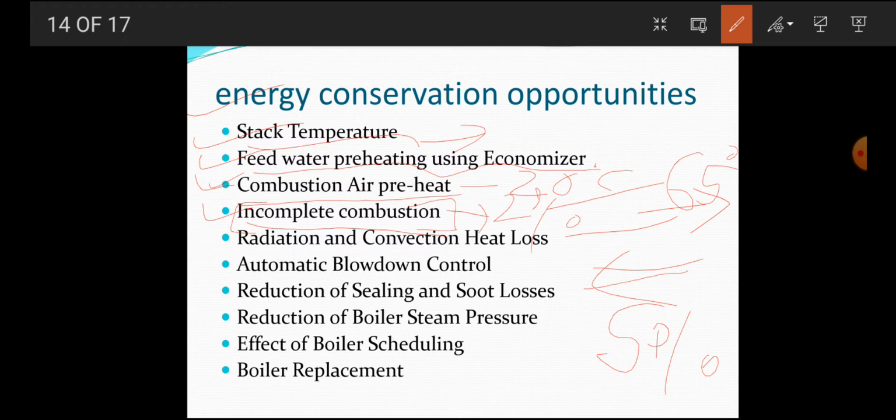So generally the main reason for incomplete combustion is non-uniform fuel size. So we need uniform size of fuel for complete combustion. So the size of fuel should be uniform. The next is radiation and convection heat losses.